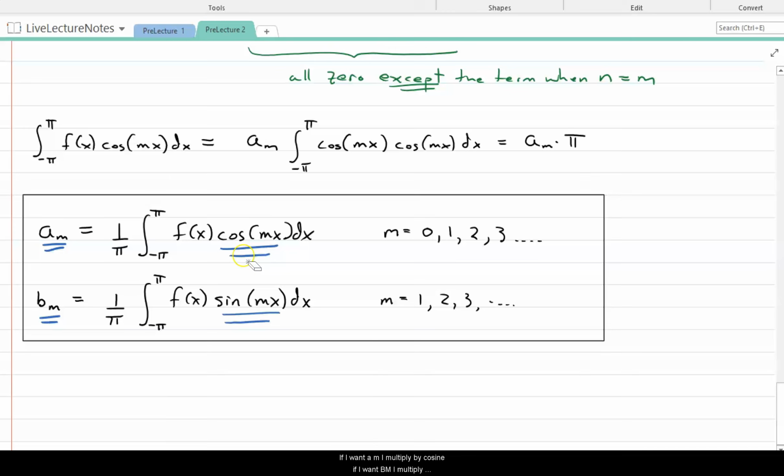If I want a_m, I multiply by cosine. If I want b_m, I multiply by sine. And then I do this integral, and that will tell me the Fourier coefficients. So these formulas are quite important. We will do some examples of calculating Fourier coefficients in class, but at least we've derived the main formulas for how to do that.